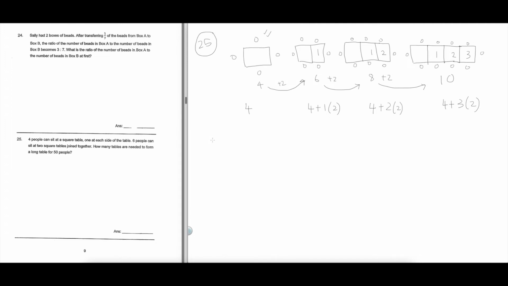Now they want a table for 50 people. What I should do is take 50 minus the number of seats for the first table, which is 4, which is going to give me, let's do some working, 46. So in order to find out how many extra tables there are, I need to take 46 divided by 2.